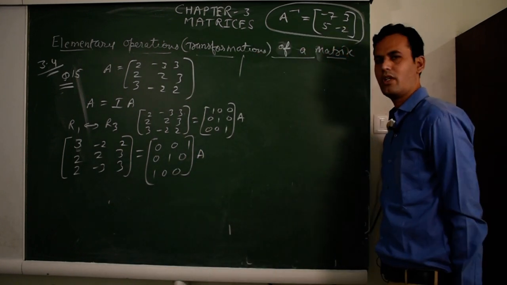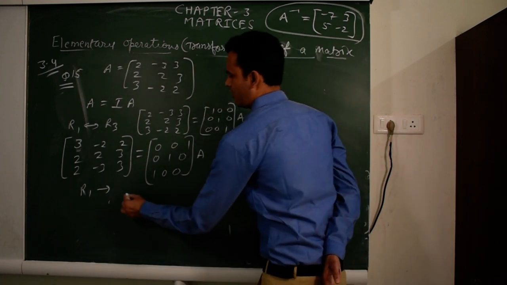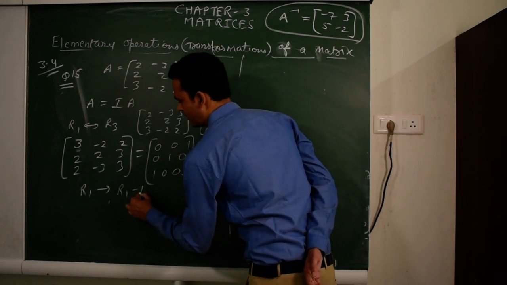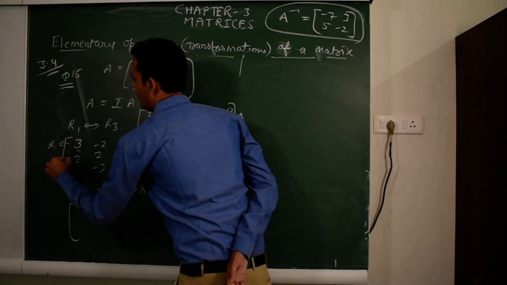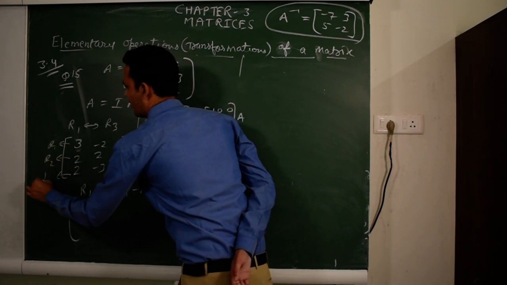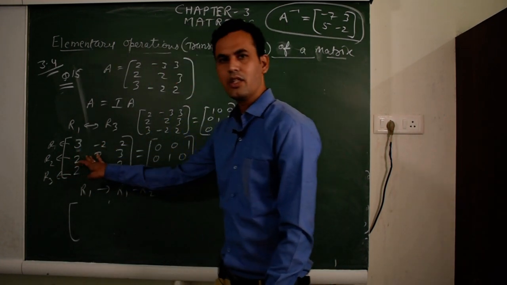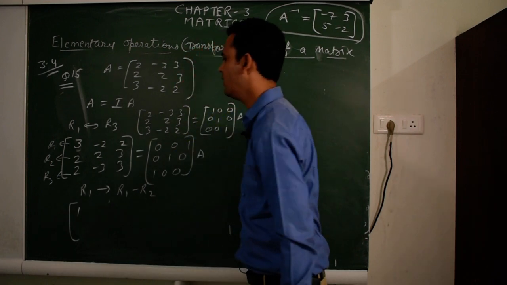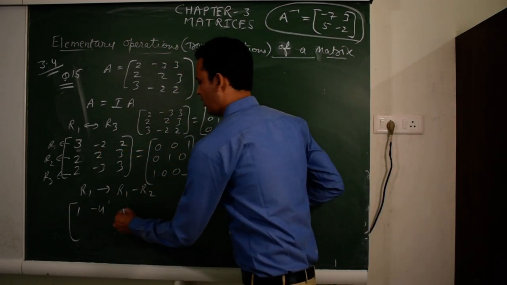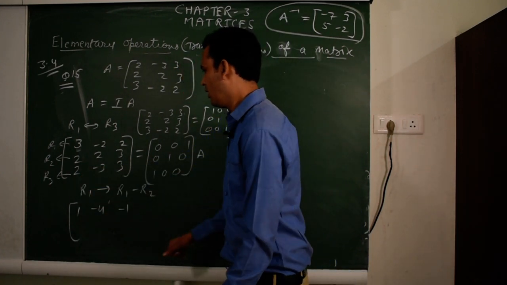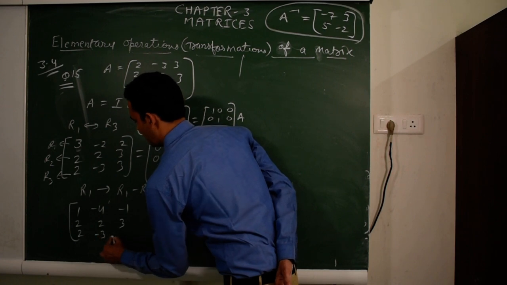This equals A. Now change in R1: R1 minus R2. This is R1, R2 and R3. So change R1 minus R2 means 3 minus 2, 1, minus 2 minus 2 is minus 4, 2 minus 3 is minus 1, and the other two are as they are.